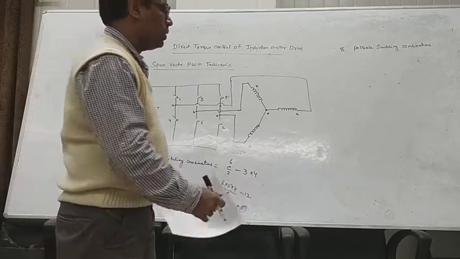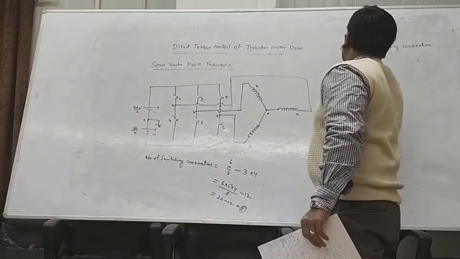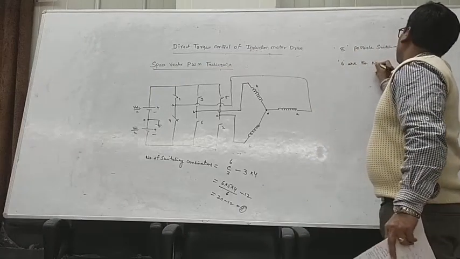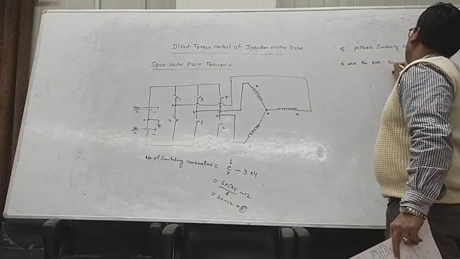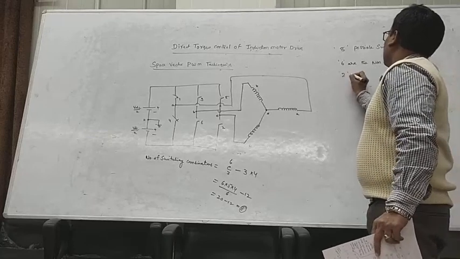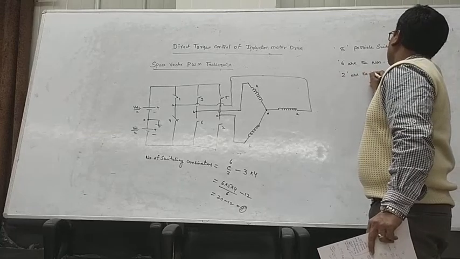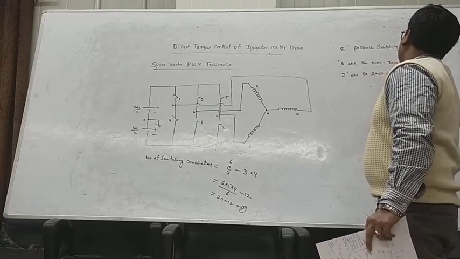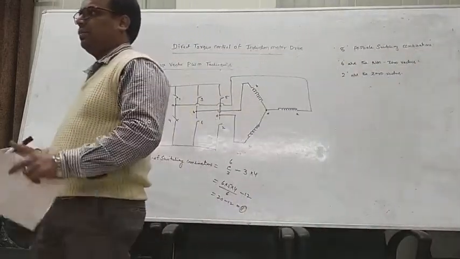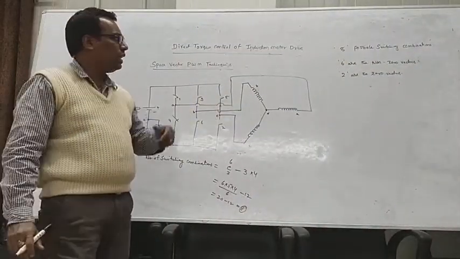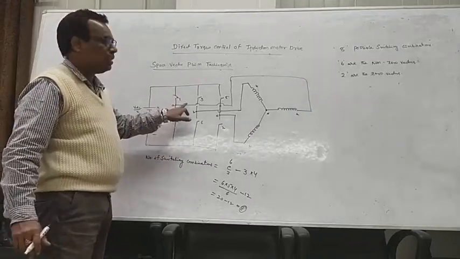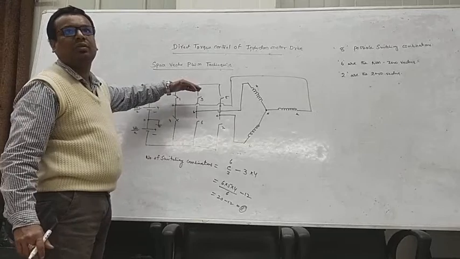So 6 are the non-zero vectors and 2 are the zero vectors. What do you mean by non-zero vectors and zero vectors? For example, let us see the zero vectors. Zero vectors in the sense the combination of all upper switches will turn on.